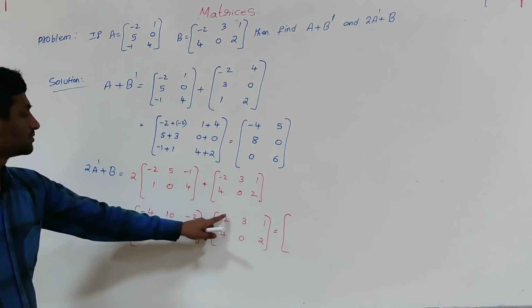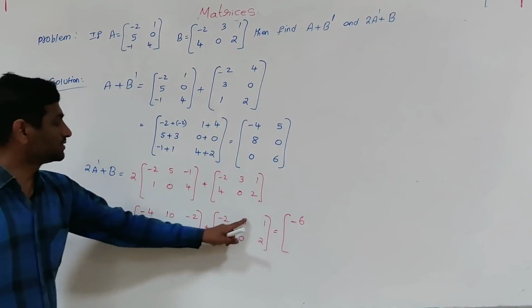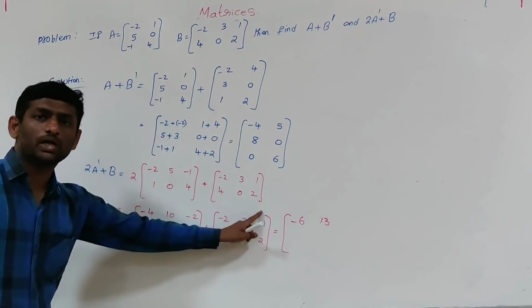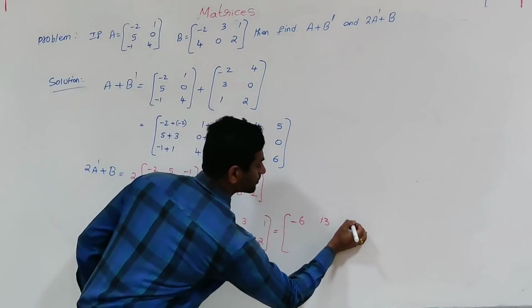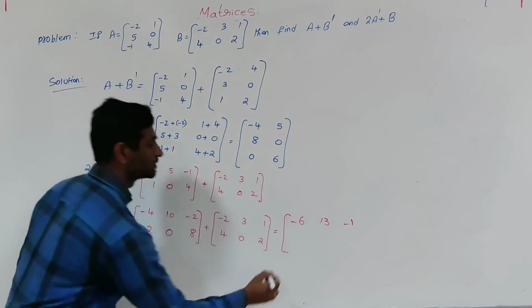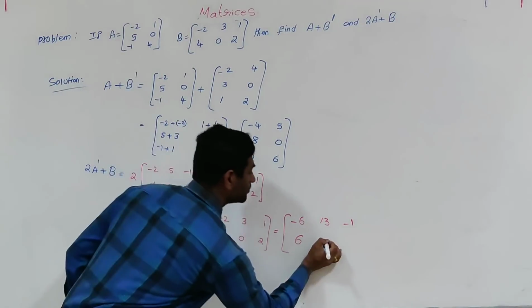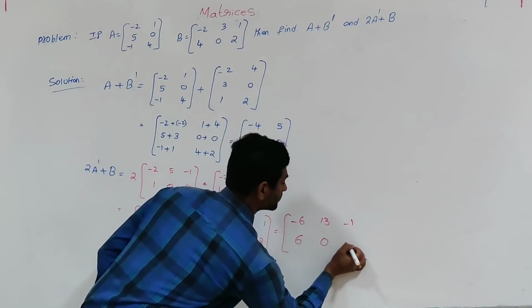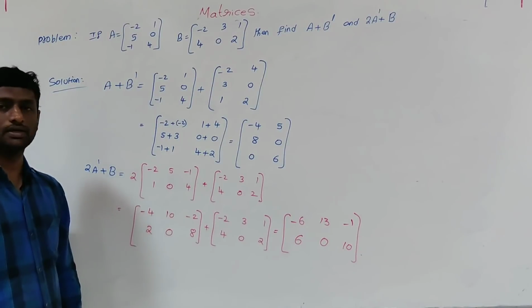Minus 4 plus minus 2, minus 6; 10 plus 3, 13; minus 2 plus 1, minus 1. Next, 2 plus 4, 6; 0 plus 0, 0; 8 plus 2, 10. So it is a 2 by 3 matrix.